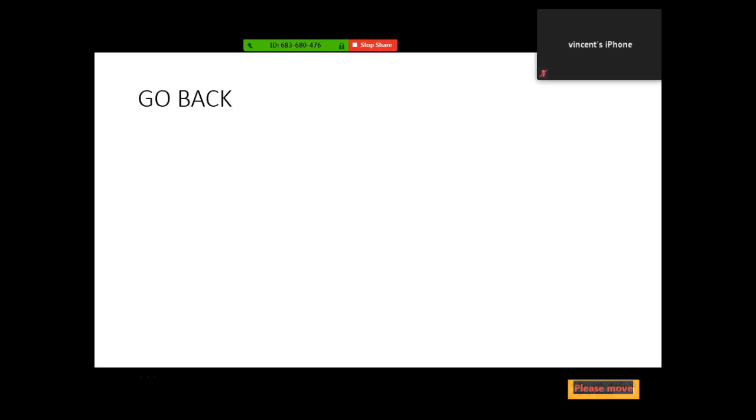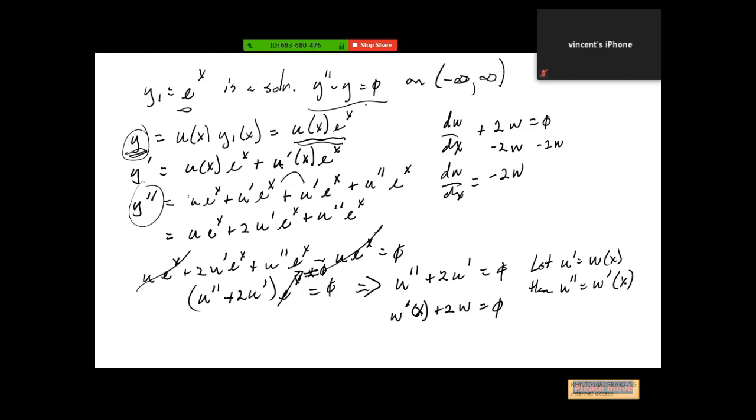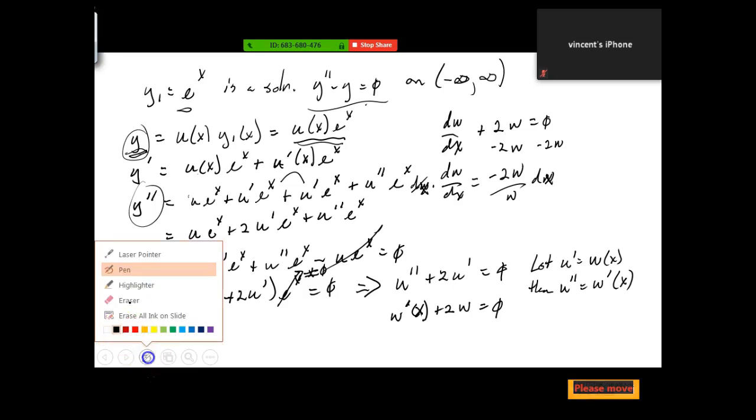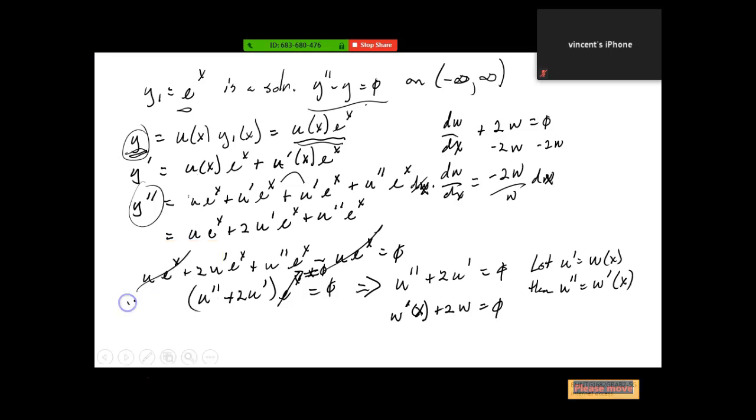Follow? And then we can divide both sides by w, and multiply both sides by dx, or write that in differential form if you prefer. Those are dx's, not dw's.